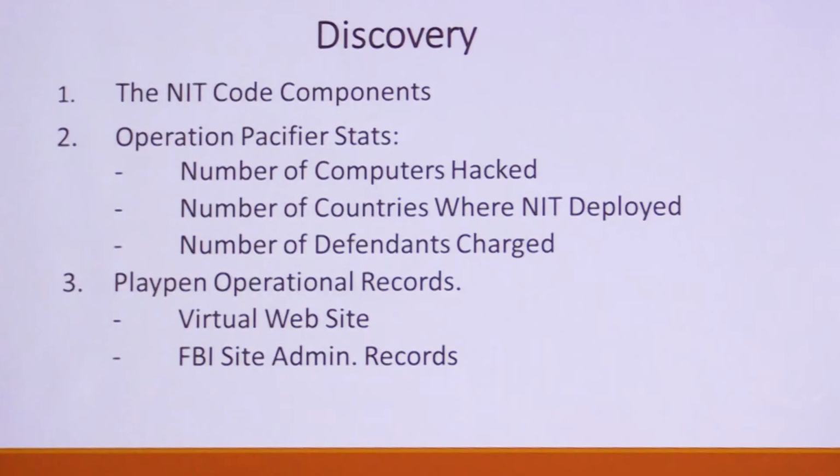Now, in terms of discovery, we went after, obviously, a number of different things, the NIT code components. You can't really say it's a single source code. There are a number of different source codes that are working together. Obviously, we went after the Operation Pacifier statistics and operating records, the number of computers hacked, how the website was being operated, and the FBI site administration records.